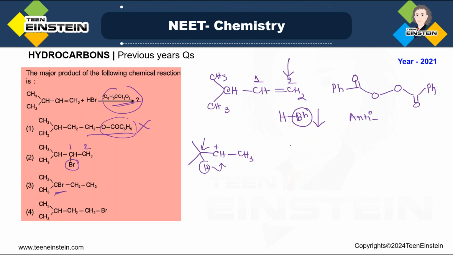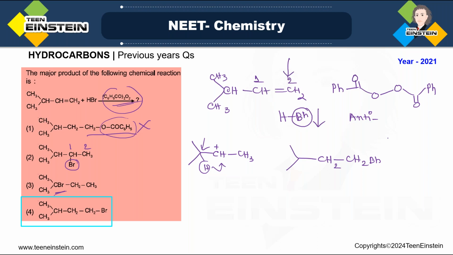But the last one is actually the correct option, because from this molecule, ultimately the H will be added here and Br will be added here. So this is according to anti-Markovnikov, and the last option will be the correct option, right? And why is there no question of rearrangement here?